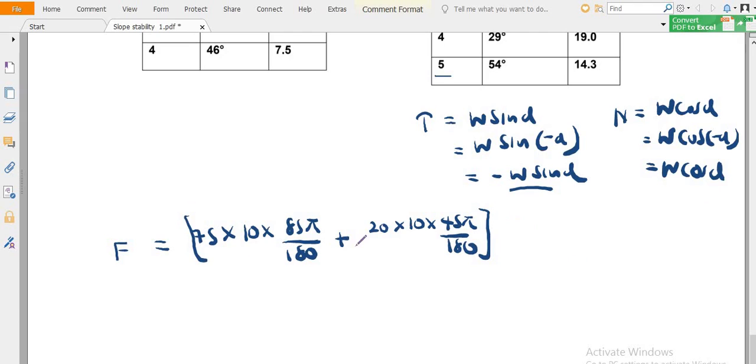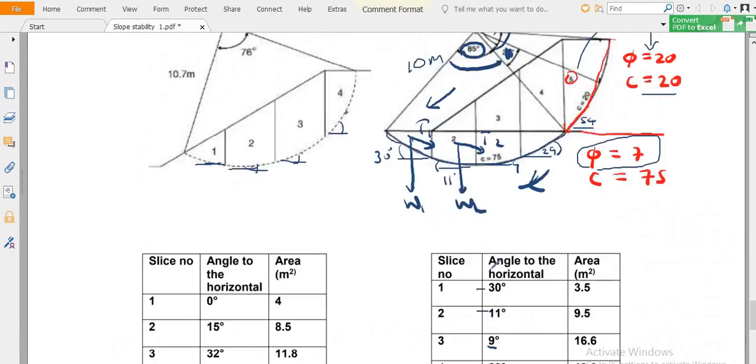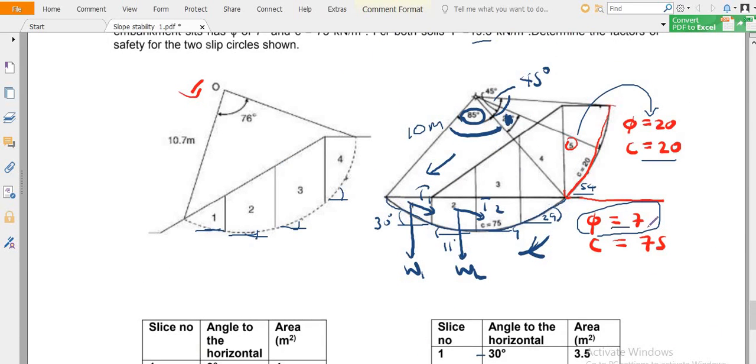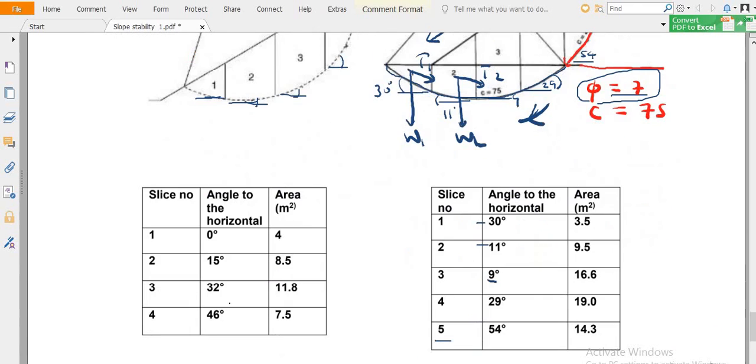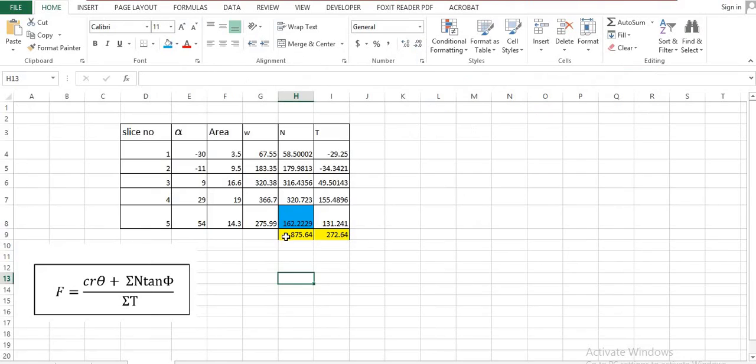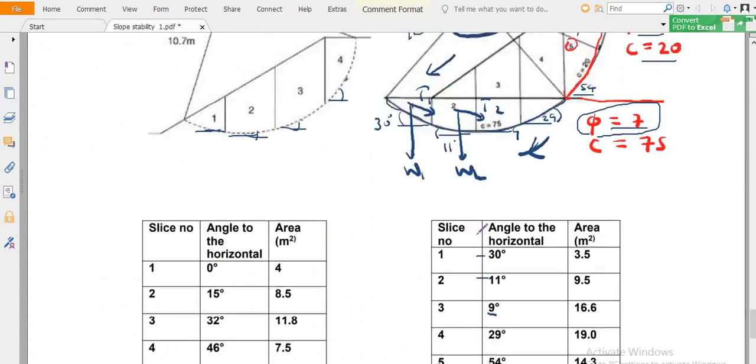Then we have to add the friction part. Again, these 4 slices with phi 7 and this slice with phi value 20. So those 4 slices, the summation is 875.